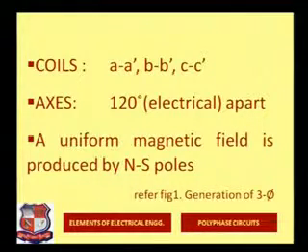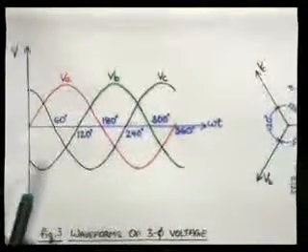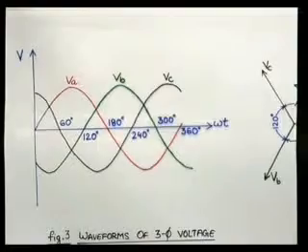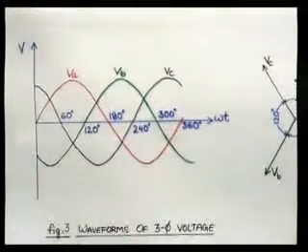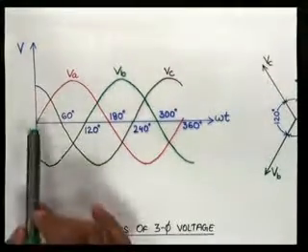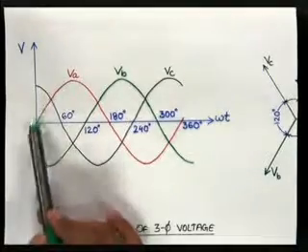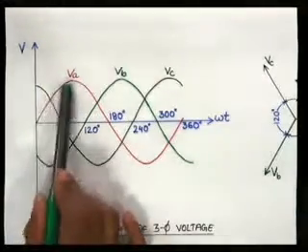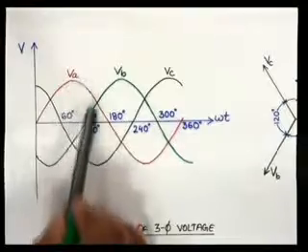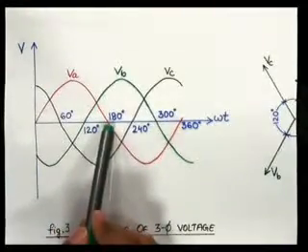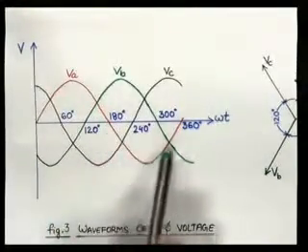Let's consider the 3 waveforms together. Say we have coil... So what do we have here now? The 3-phase EMF has been generated, right? At theta equal to 0 degrees, your VA is 0, it is increasing to its maximum value, reducing, coming to 0 after 180 degrees of rotation, and then the negative cycle.